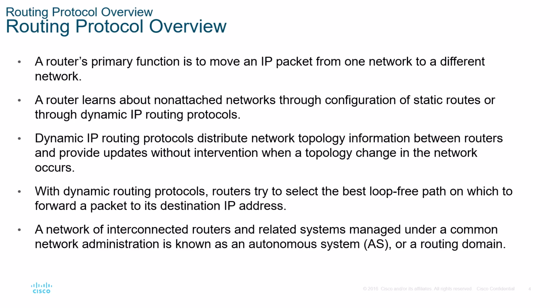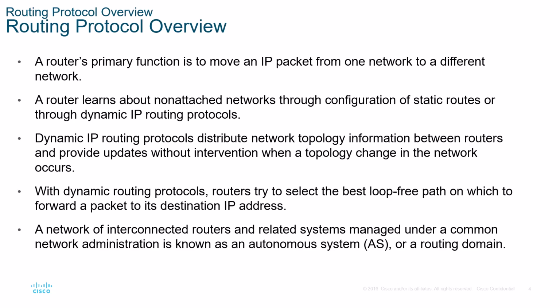So the router will learn about the non-attached networks through, again, static manual configuration or through dynamic routing protocols, i.e. learned from a neighbor. Dynamic routing protocols will distribute network information between any of the routers that are attached to it. Now, how the dynamic routing protocols function is going to be dependent on the individual routing protocol.